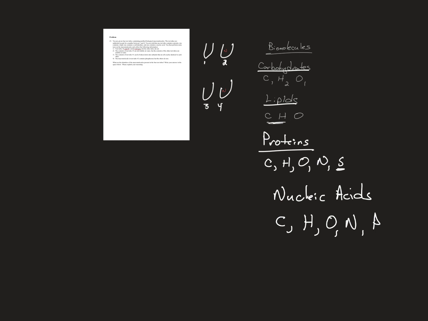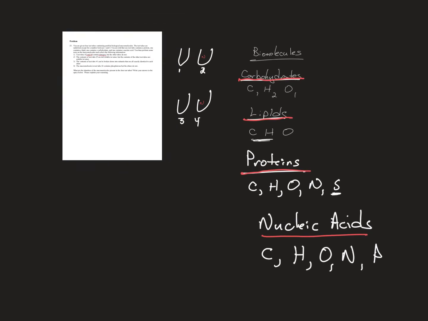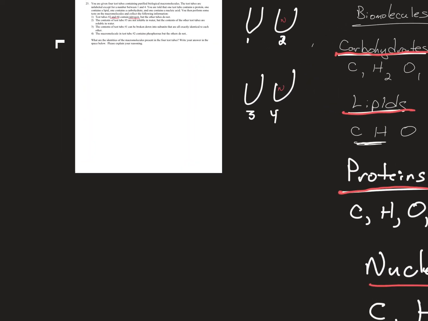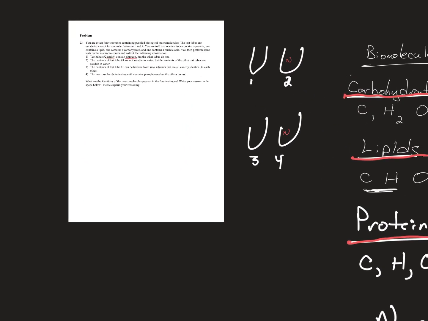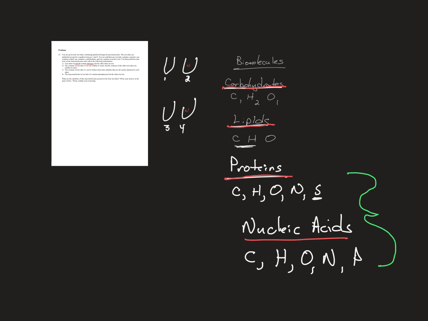So there are 4 biomolecules, 4 macromolecules, 4 polymers that could be in these test tubes. Tubes 2 and 4 have nitrogen, which to me says clearly it has to be either proteins or nucleic acids, because they're the only ones that have nitrogen.